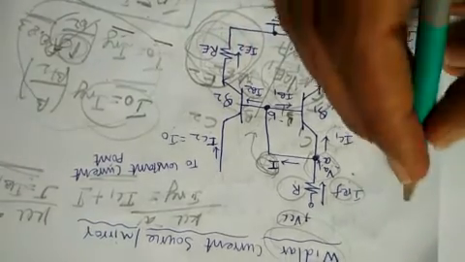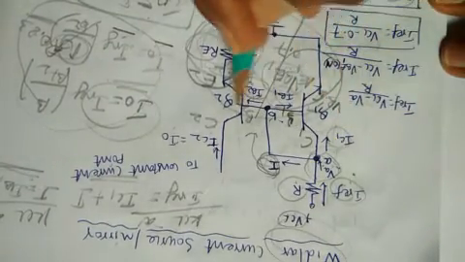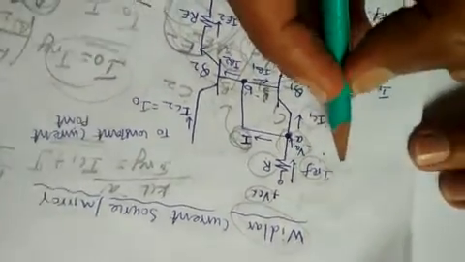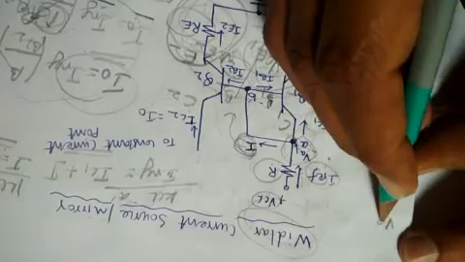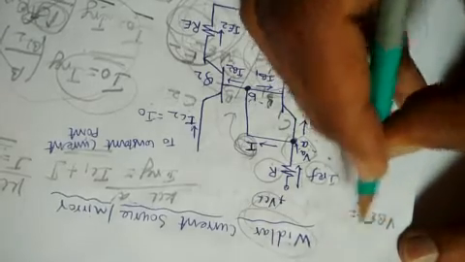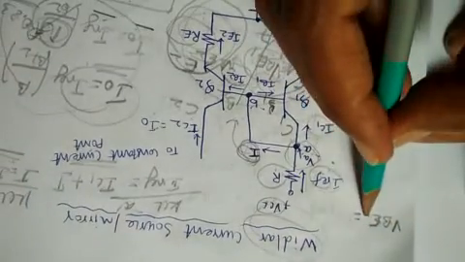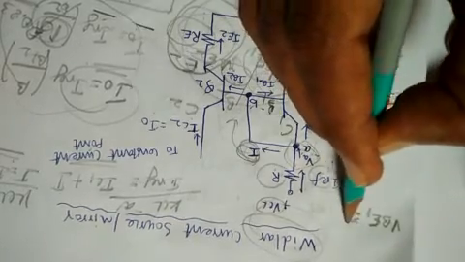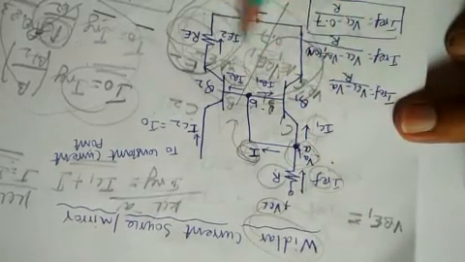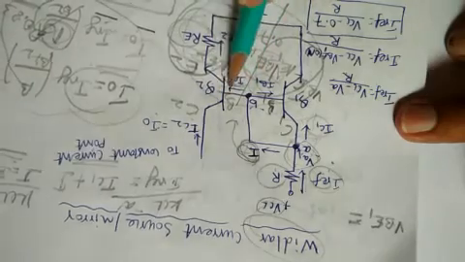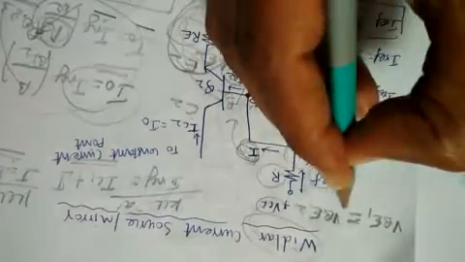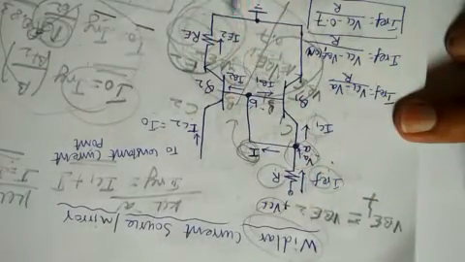So I can write, after applying Kirchhoff's voltage law in this base emitter region, one side of the loop has VBE1, the potential required to switch on Q1, equal to the other side potential, the potential required to switch on Q2, that is VBE2 plus the drop across this RE.